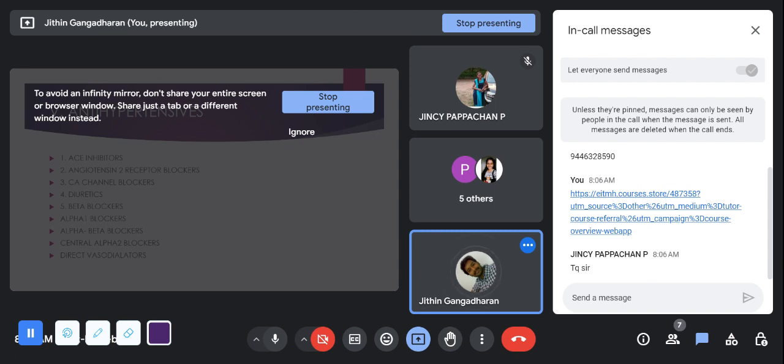Thus, it decreases the blood pressure. ACE inhibitors, anybody know the drugs? It is captopril, enalapril, ramipril. Those are the drugs of ACE inhibitors.